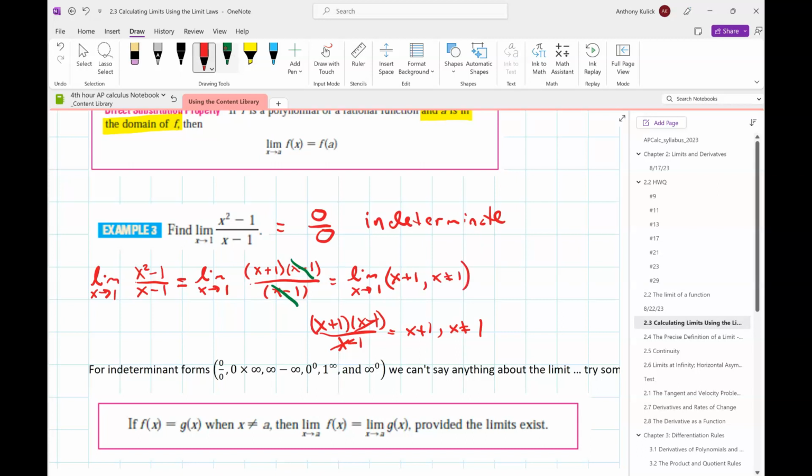So the question is, can I do direct substitution if what I'm trying to substitute is not in the domain? No, right? The rule before says that I can't.